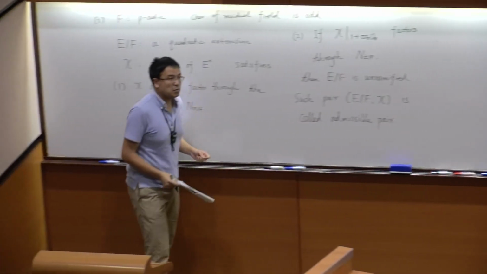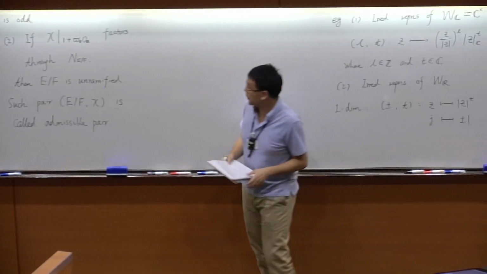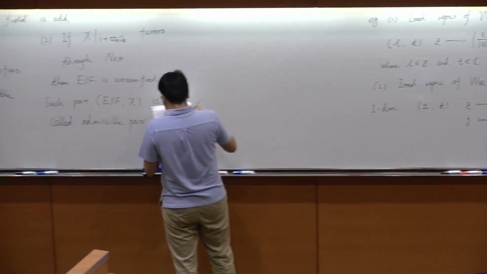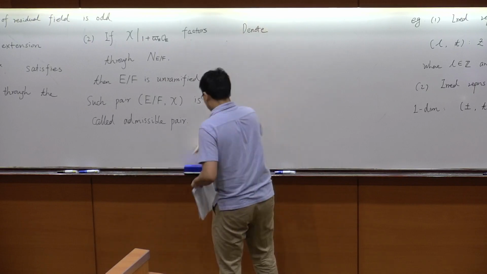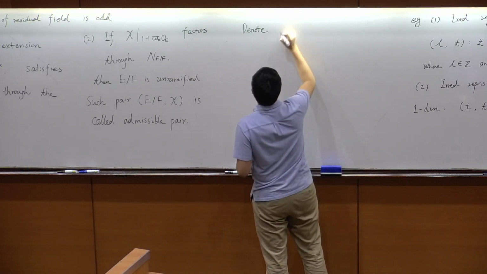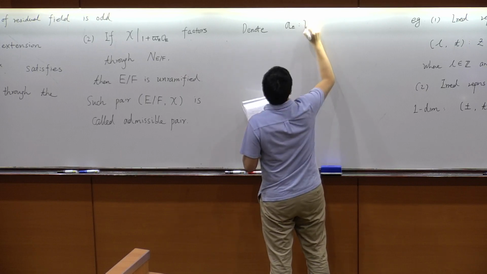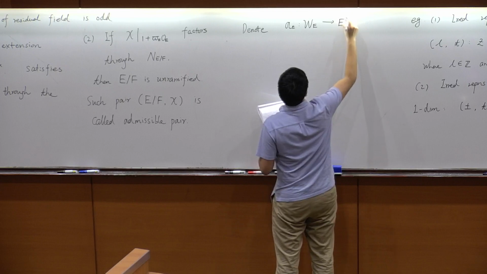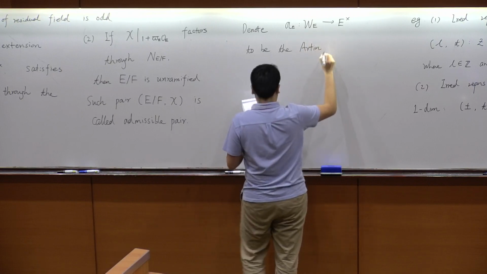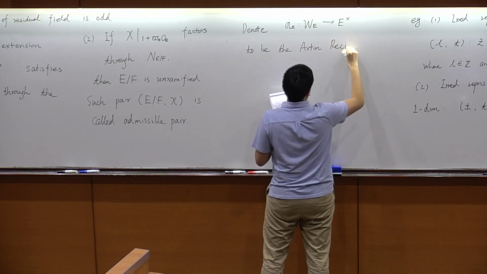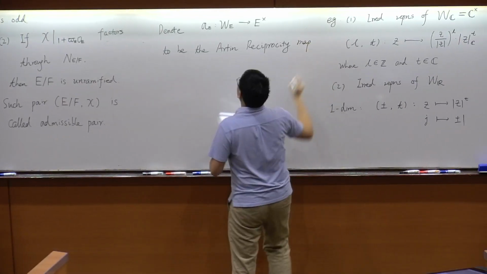Okay, and using these admissible pairs, we can construct two-dimensional irreducible representations for the Weil group. So let's do that. Okay.